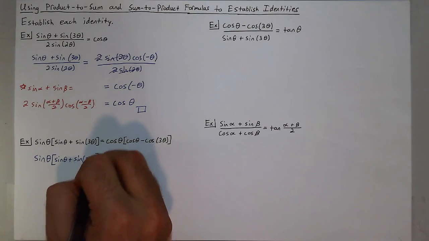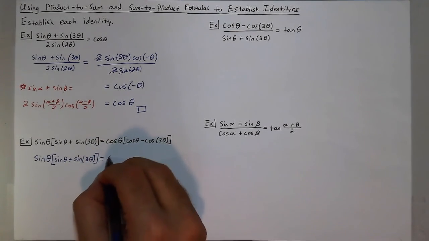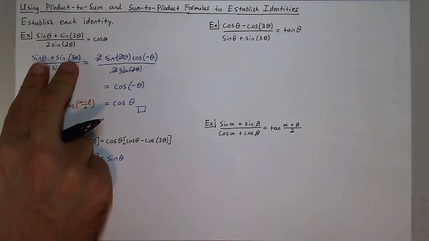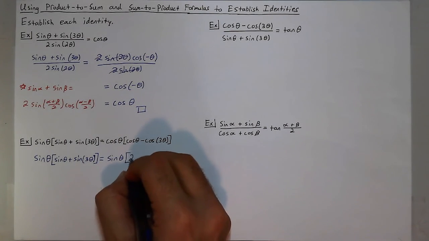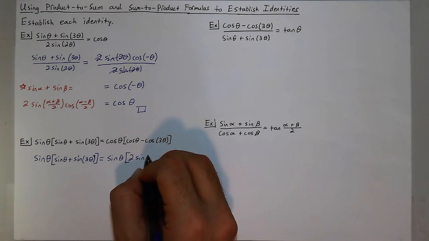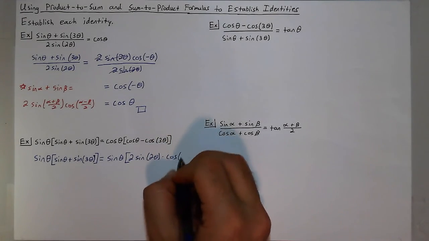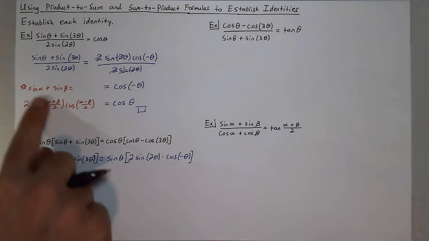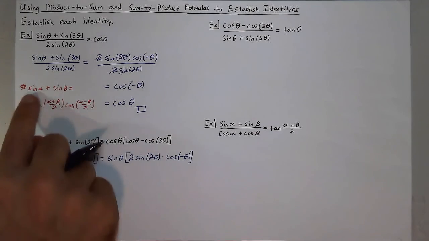Now first I have a sum of two sine functions. Inconveniently, I have the sine of theta plus sine of 3 theta, which I already know as 2 sine of 2 theta times the cosine of negative theta, using that sum to product formula.